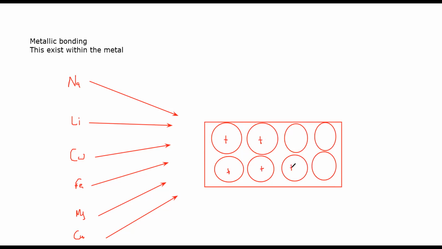So there is a regular arrangement of the positive charges. Whenever there is a regular arrangement of particles, we call it a lattice. So there is a regular pattern of positive charges, which we also call a lattice.